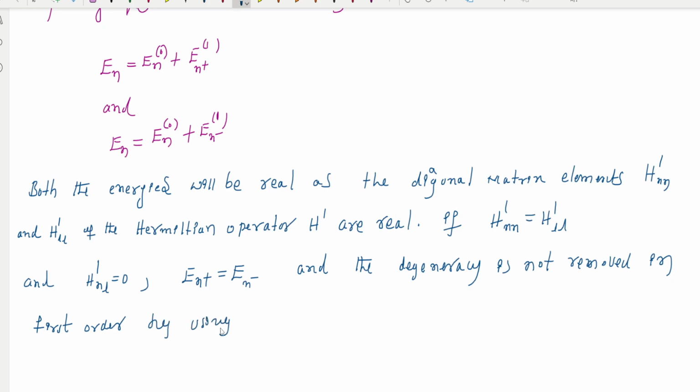By using equation number 3 and equation number 4, we can calculate Cn and Cl, constant real values.